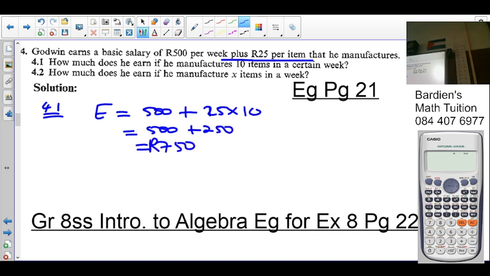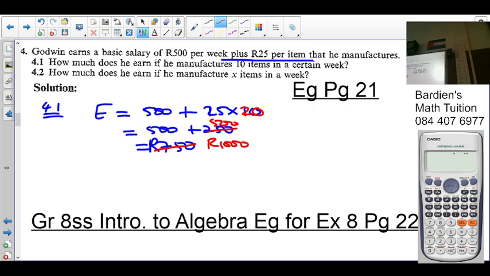Can you see that? What if he makes 20 items? 500 plus 25 times 20 would have given me 500 plus 500, which is 1,000.